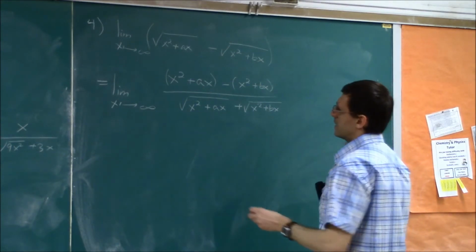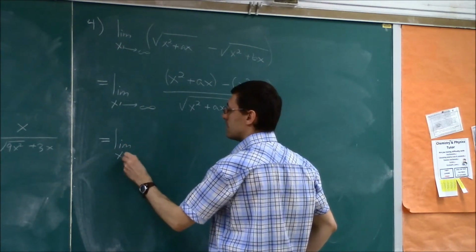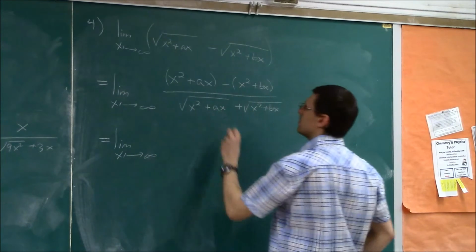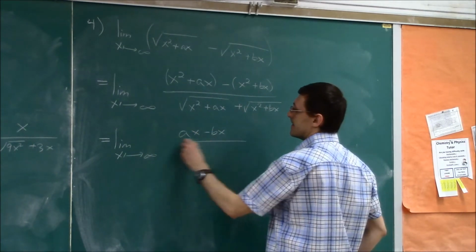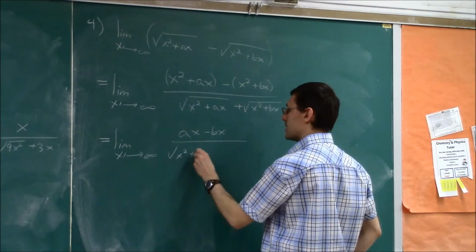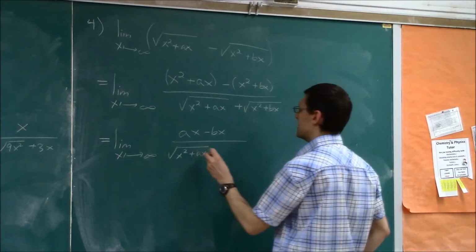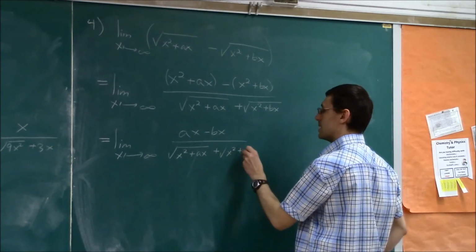So you can see that the x squares cancel out. What you have now is ax minus bx over root of x squared plus ax plus root of x squared plus bx.